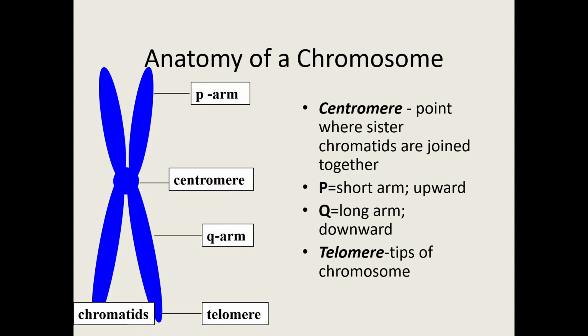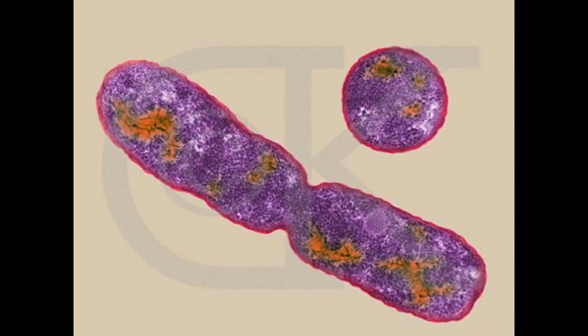And a telomere is a tip of a chromosome, so it's the end cap of a chromosome that's kind of holding it together. You can think of it as kind of like a knot at the end of a long rope of DNA. So that's what a chromosome looks like. This part right here is a side view, and this is from a top-down view. So it's kind of like a long cylinder of DNA.